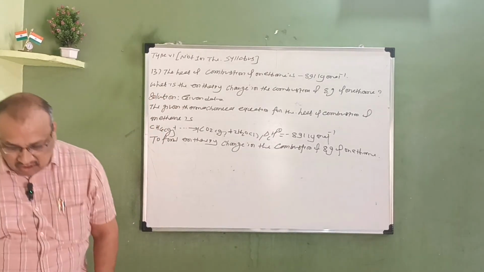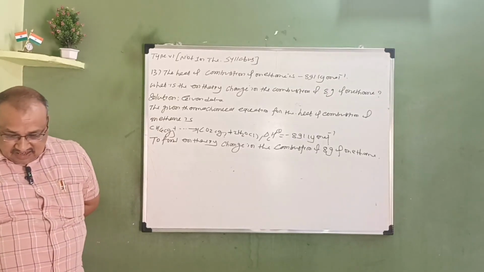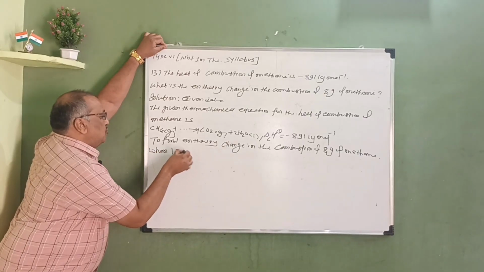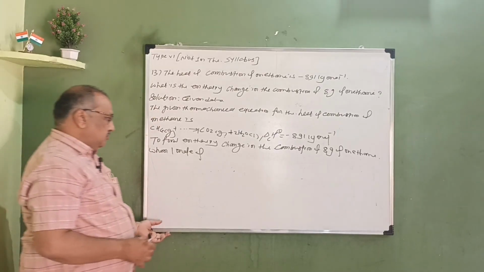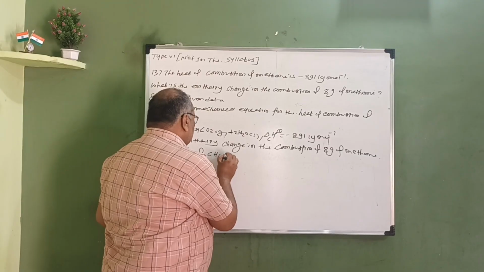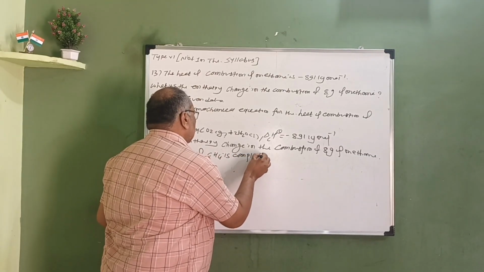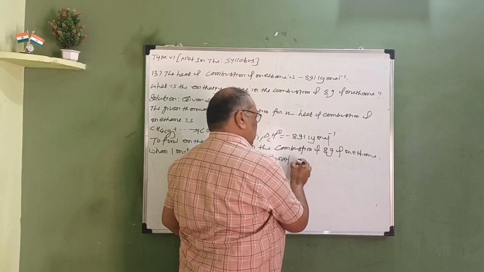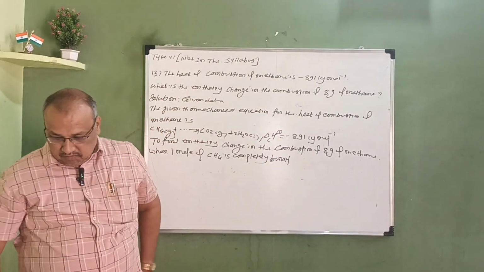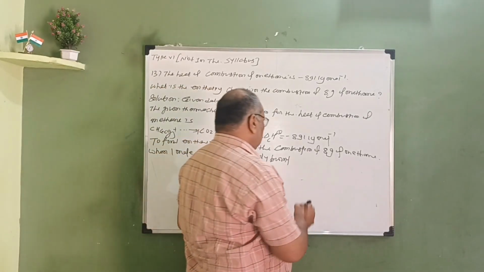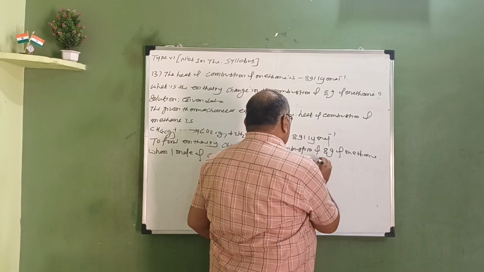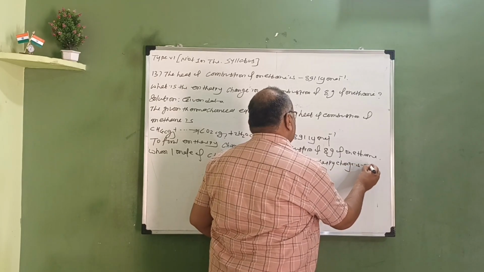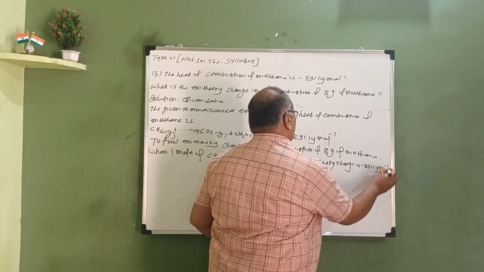Now from this thermochemical equation, it is clear that when 1 mole of CH4 is completely burned, then enthalpy change is minus 891 kilojoule per mole.